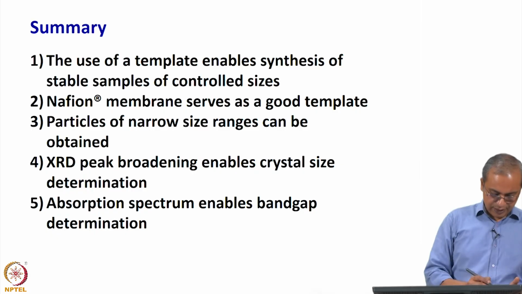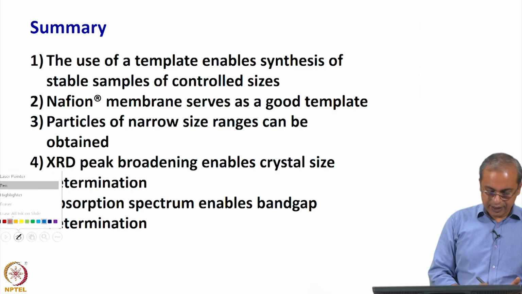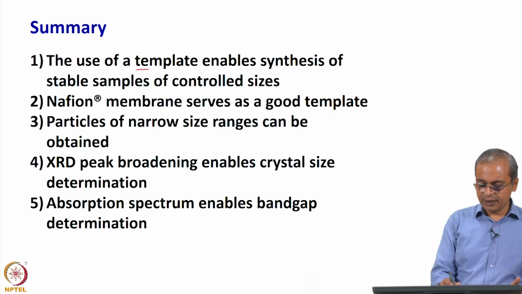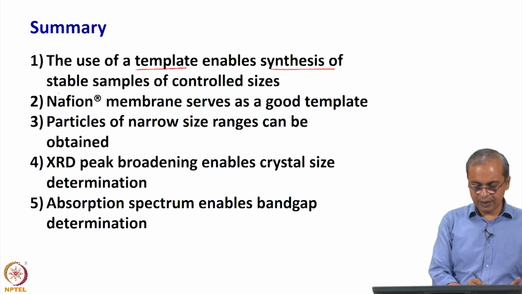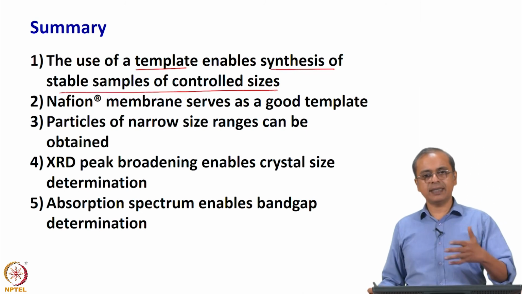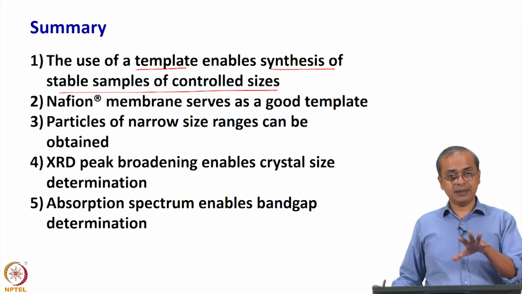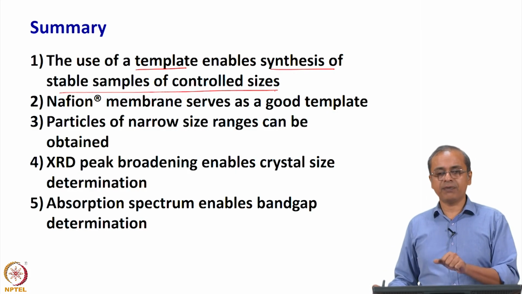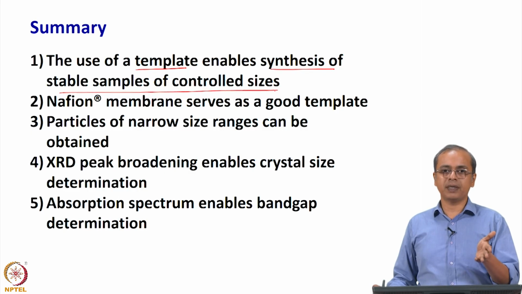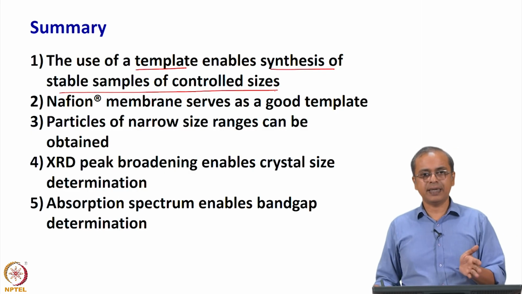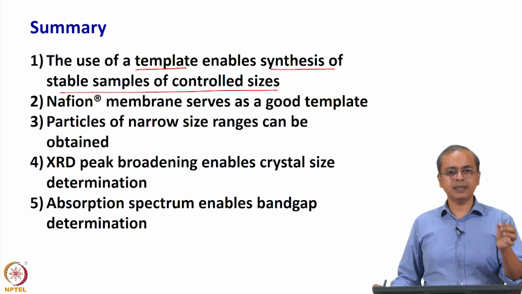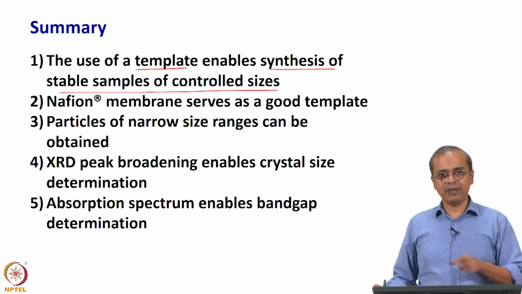So in summary, we have seen that the use of a template enables synthesis of stable samples of controlled sizes. As I said, based on the extent of immersion you can get different sizes. So template assisted synthesis is a very valuable technique to have for nanomaterials, particularly for optical properties, even for many other applications. It helps you get particles that are stable because they are kept separate from each other.